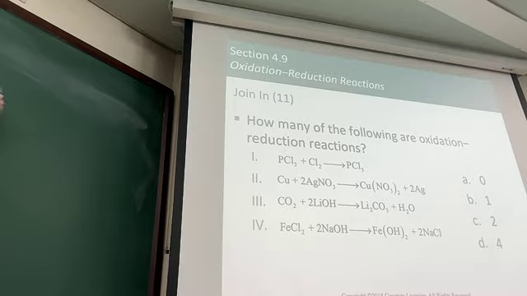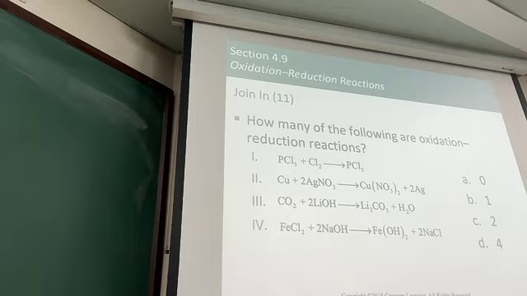Here, -1 and 0. How about the final state? What is the chloride? Still -1, right? Halogenides always want to get 1 electron. So this has to be 5, right? 5.